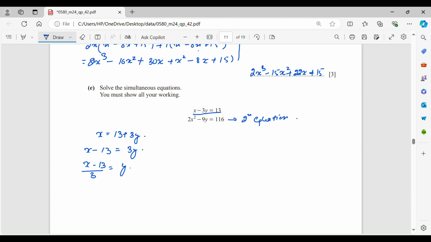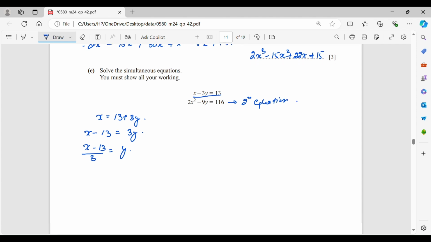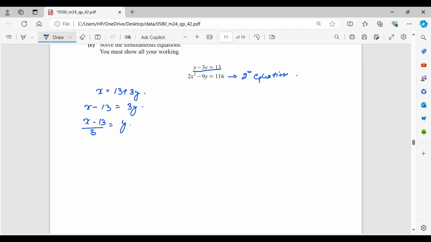For this, 2x square minus 9 times x minus 13 over 3 is equal to 116. 2x square, we can cancel the 3, minus 3x plus 39 equal to 116.